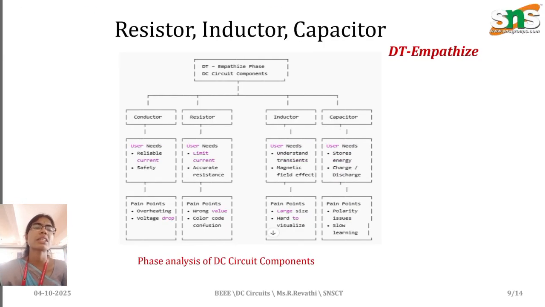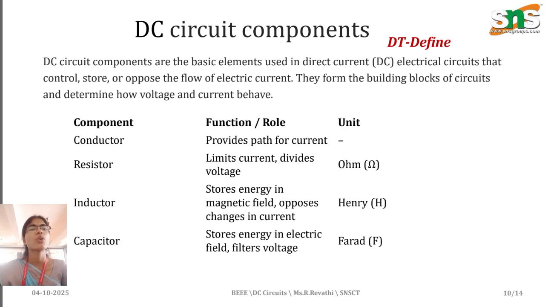The resistor, capacitor, and inductor chart is given below, covering reliable current, safety, accurate resistance, and the pain points of the resistor, capacitor, and inductor, as discussed in this slide. In a DC circuit, these components and their units control, store, and oppose the flow of electric current.